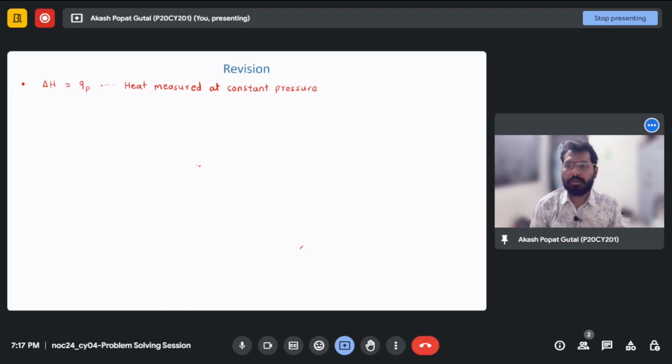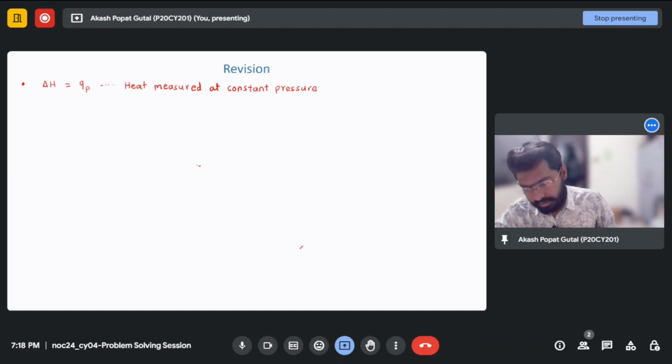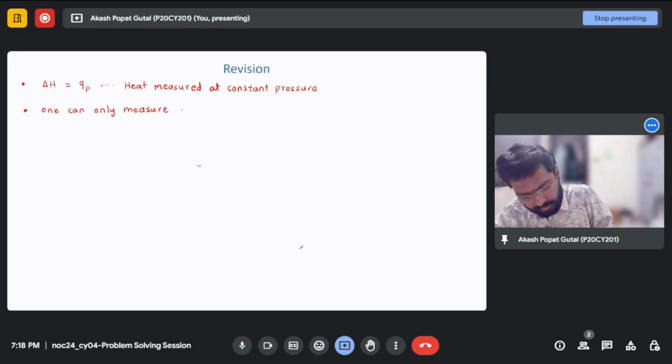It is defined that one can only measure the change in enthalpy.